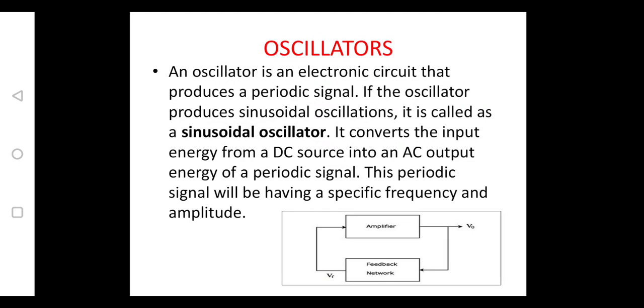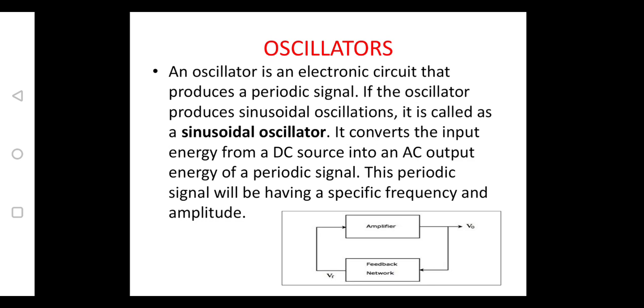An oscillator is a circuit in which the output is a periodic signal, that is, without applying any input source, just by applying a voltage source the output is oscillations.